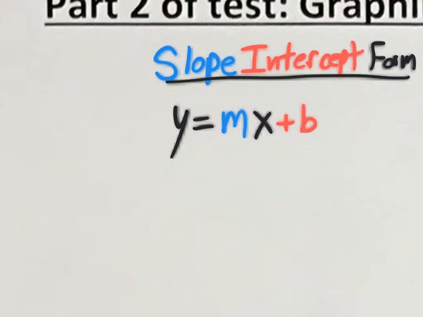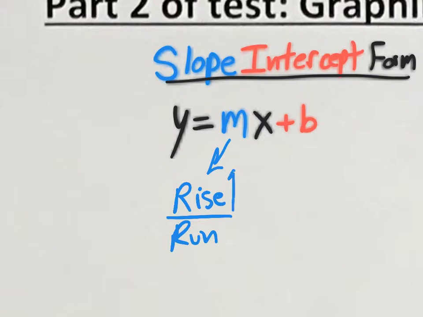Anyhow, the slope tells you the steepness of the line. Okay, so we tell about the steepness with the fraction rise over run. It's just a little review for all of us. Okay, so rise means that it's going up. That's if the numerator is positive.